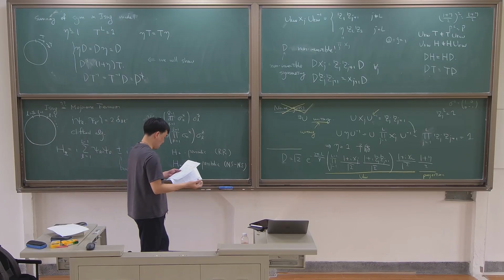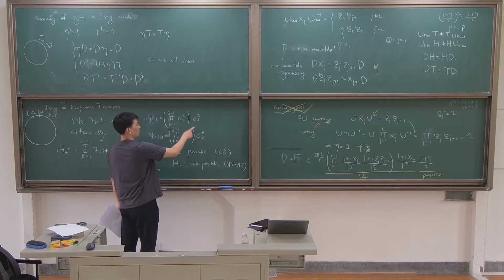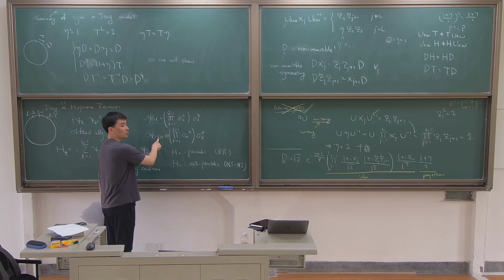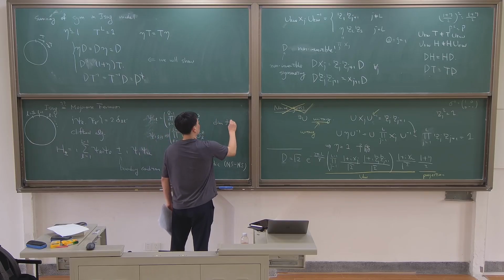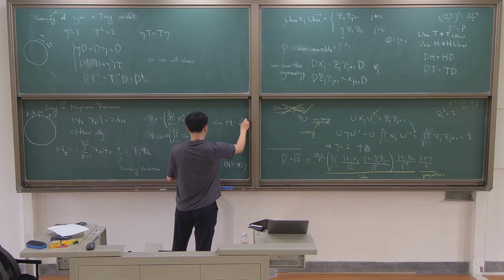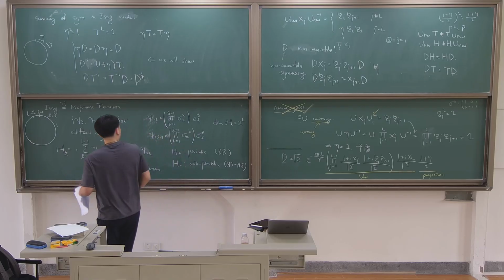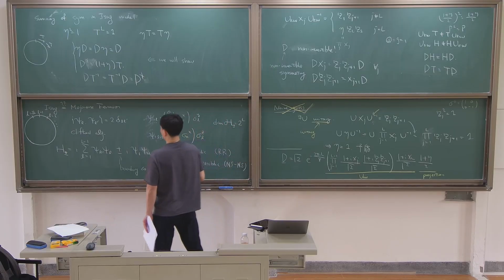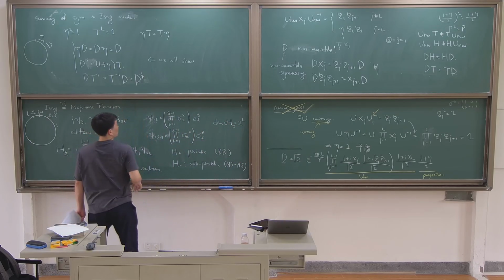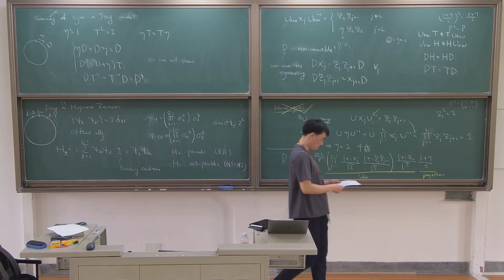So when L runs from 1 to L, then 2 psi will create 2 qubits at each site. So therefore, the dimension of the Hilbert space is still equal to 2 to the L. Okay? 2 to the L. And the Hilbert space depends on the Hamiltonian, so it is H plus or minus. Any question at this moment?